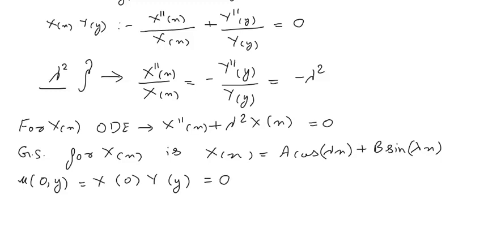This implies A cos 0 plus B sin 0, which is equal to A. So we can write A equal to 0.